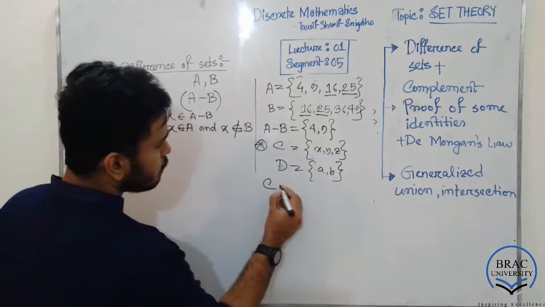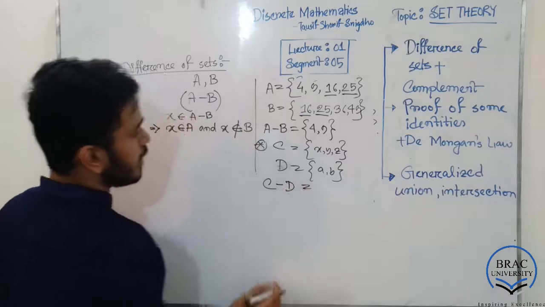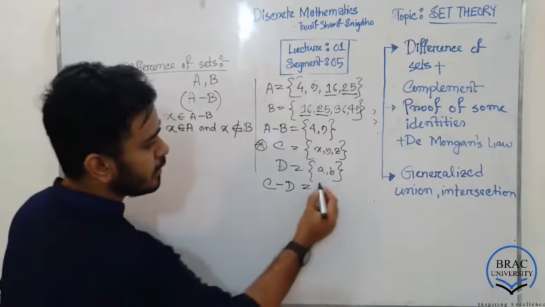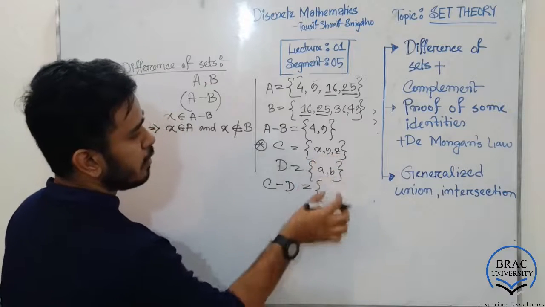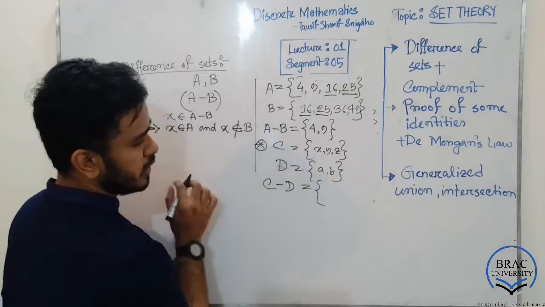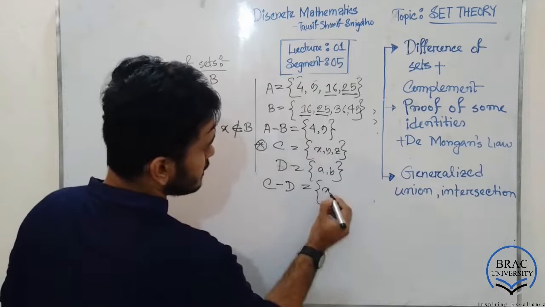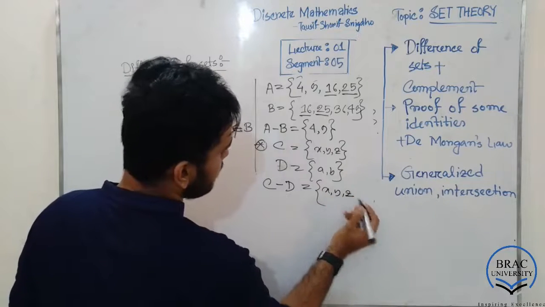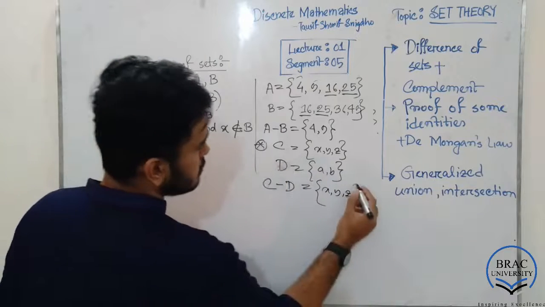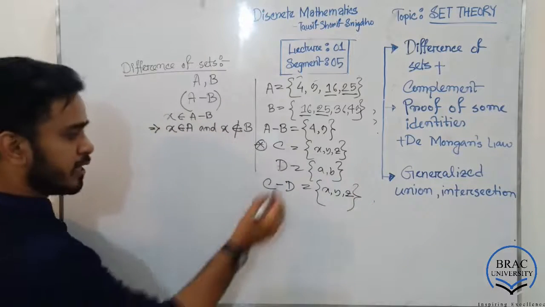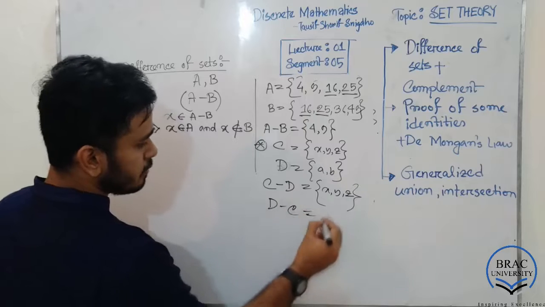Here, if we have to determine C minus D, we see that none of the elements of C are common to D, right? So we can take all of the elements of C and we cannot take any of the elements from D. So this is C minus D. Can we determine D minus C here?